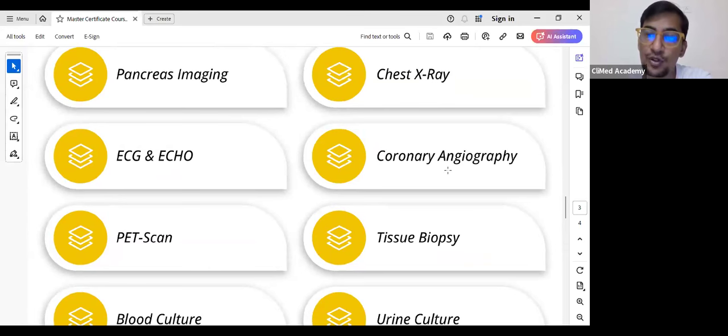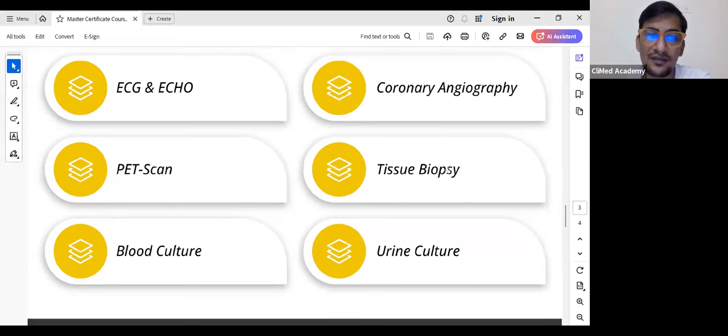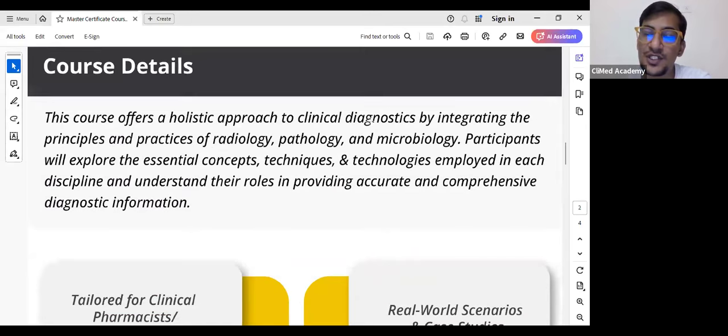We are going to cover coronary angiography for myocardial infarction and the cath lab tests we do. We'll cover PET scan, tissue biopsies, blood culture and urine culture, and specific tests for specific diseases.